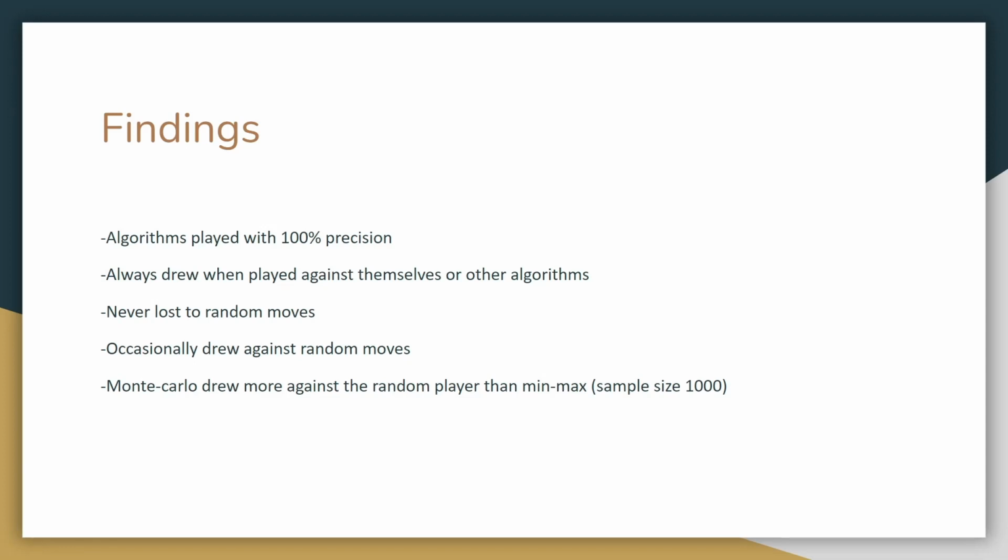They never lost to random moves. Monte Carlo won 60% of the games against random moves, and Minimax was able to win 80%. Probably, since they play the same way, I'd imagine that's just an outlier. They occasionally drew against random moves. Sometimes the random moves just happen to be the optimal set. And Monte Carlo drew more than the Minimax did.